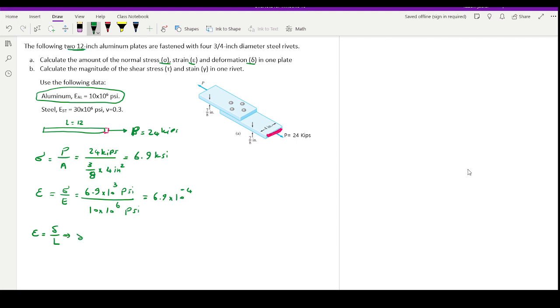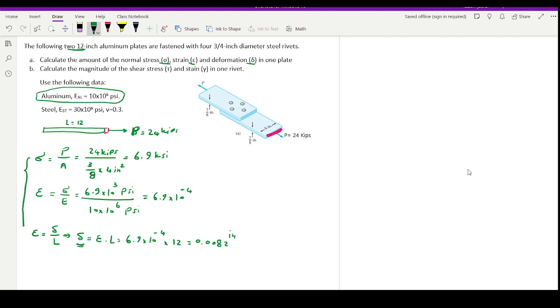And we can find the magnitude of deformation, which means epsilon times L: 6.9 times 10 to the negative 4 times the length, which is 12 inch, and it will give us something around 0.082 inch. So deformation has unit, but strain doesn't have unit. Now this is part A solved.